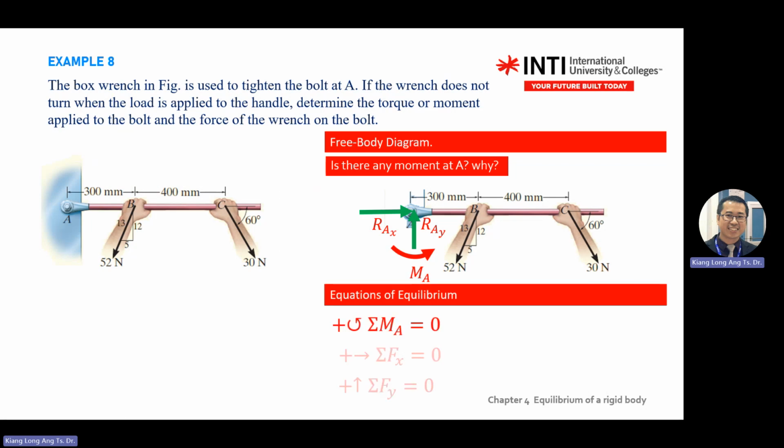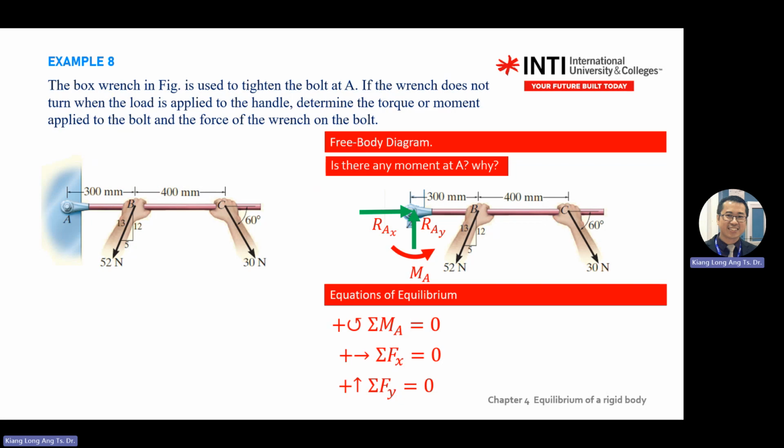Then I solve by all the moment at A, because I don't like the 3 unknowns at A, so I put it there. Moment at A equals 0. When you put here, your force gone, but there's a moment there. Remember to put your moment A in this equation. Force does not generate moment at A, but there's a moment here.